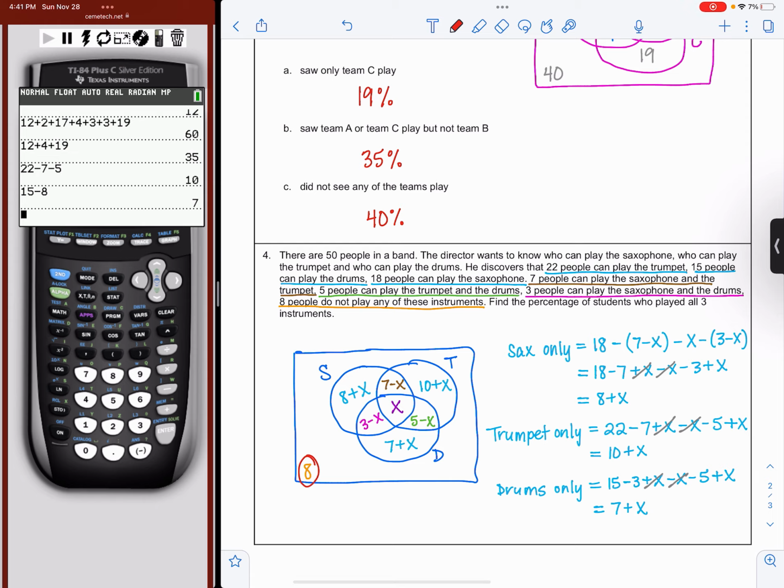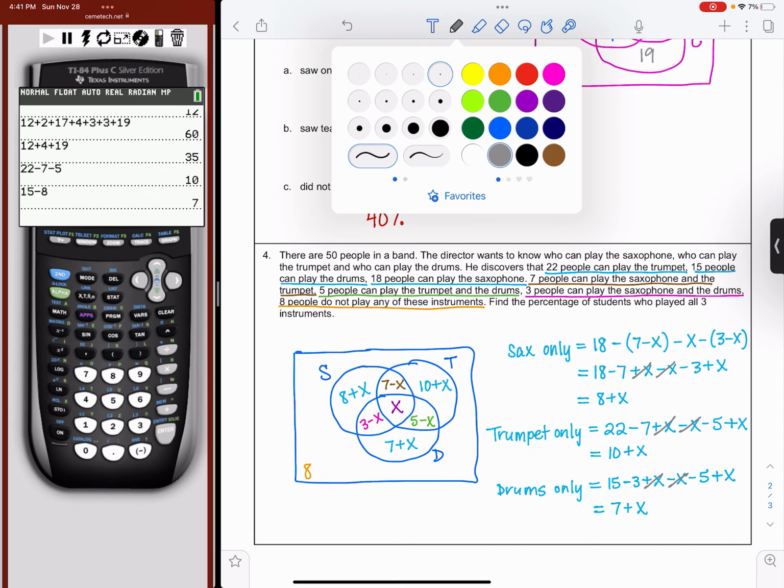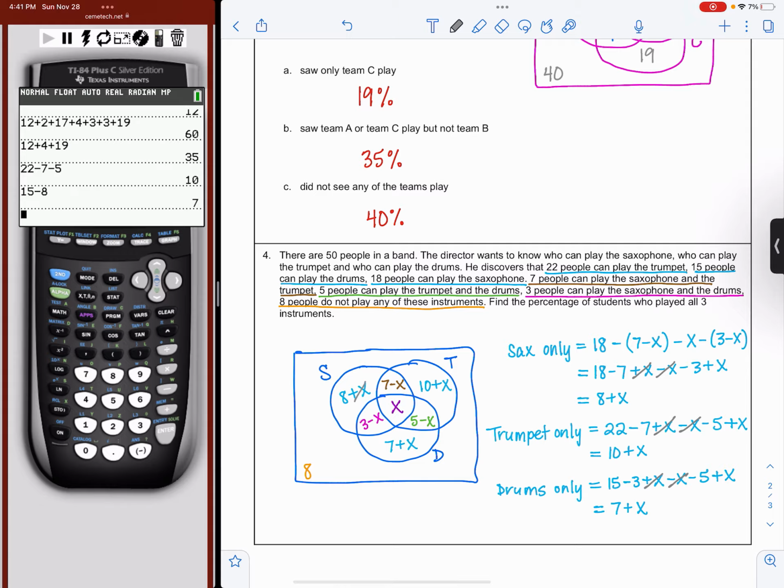So I'm adding 8 plus x plus 7 minus x plus 10 plus x plus 3 minus x plus 5 minus x plus 7 plus x. I'm adding up all of those pieces, and I'm going to set them equal to 50 because there are 50 people in the band. So when I combine like terms of everything in the Venn diagram, I already know that every positive x and every negative x is going to cancel.